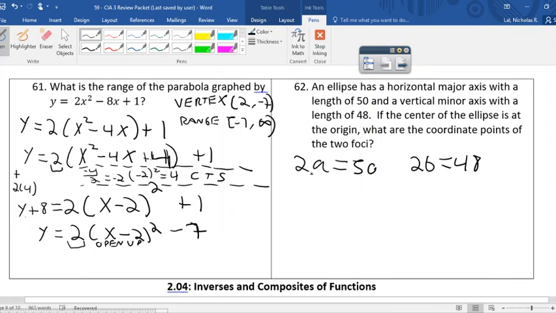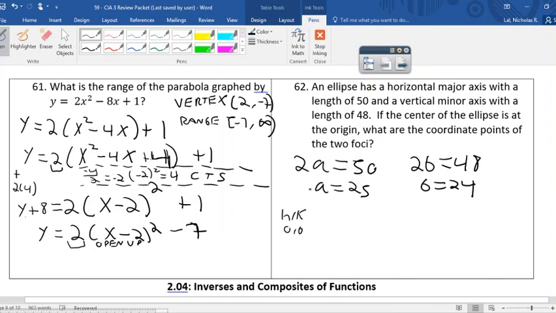So if 2a is 50, that means a is 25. If 2b is 48, that means b is 24. If the center of the ellipse is at the origin, so that means (h, k) is (0, 0). What are the coordinate points of the two foci?